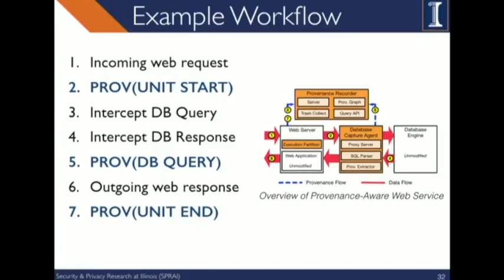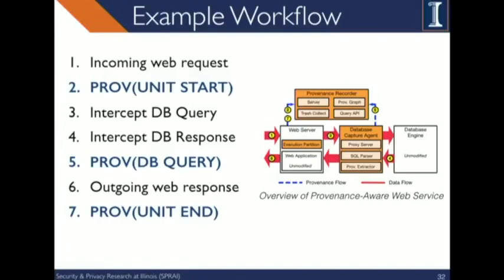The application parses the request and then sends a request out to the database, which is intercepted by a database capture agent that in turn generates more provenance and sends that into our provenance store. It checks the return values of the database. And then when we reach the web server again, we notify our provenance store that this particular unit of work has ended. So now we've been able to partition the execution of the server. And moreover, we're able to provide linkability between the different application components in our system.